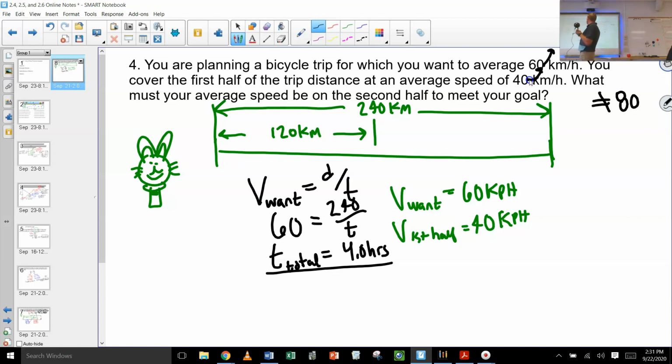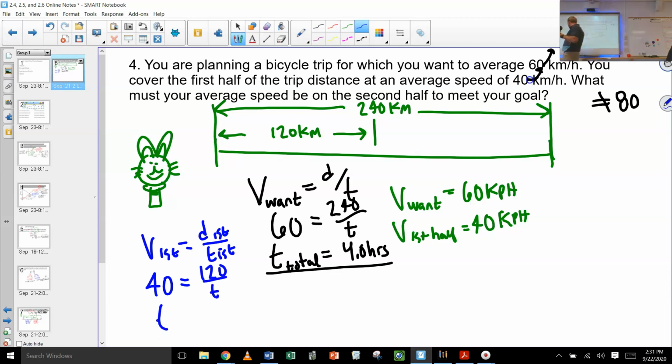So, how fast? Let's talk about my first half. Velocity first half equals the displacement first half divided by the time first half. So my velocity of my first half is 40. The displacement of my first half is 120. And the time. See how these nice numbers are working out in our favor? The time it took me is 3 hours.